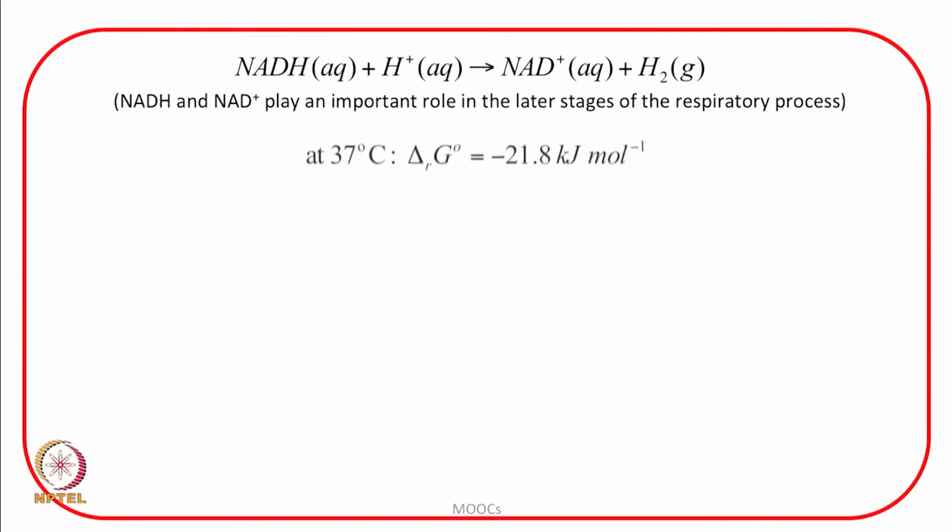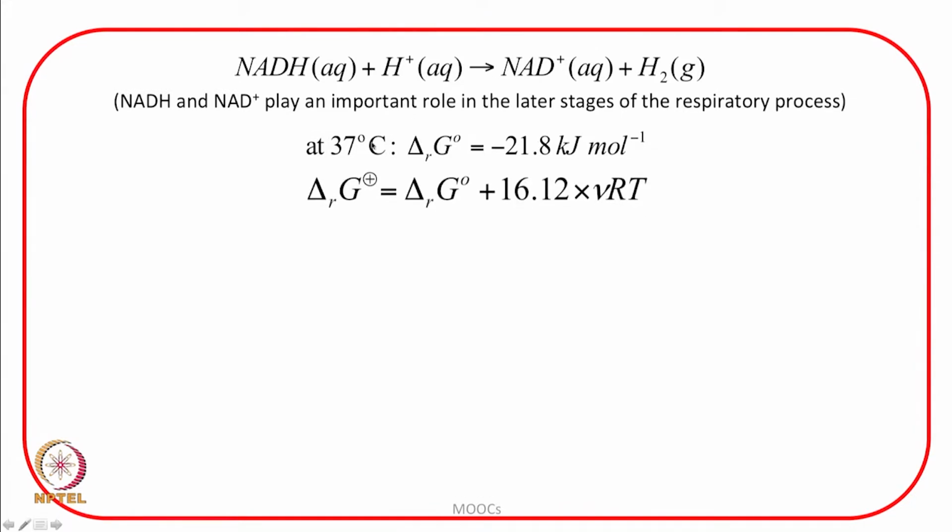At blood temperature, that is 37 degrees centigrade, the standard reaction Gibbs energy is minus 21.8 kilojoule per mole. But here we will be interested in knowing the biological standard reaction Gibbs energy, which can be calculated from this expression.